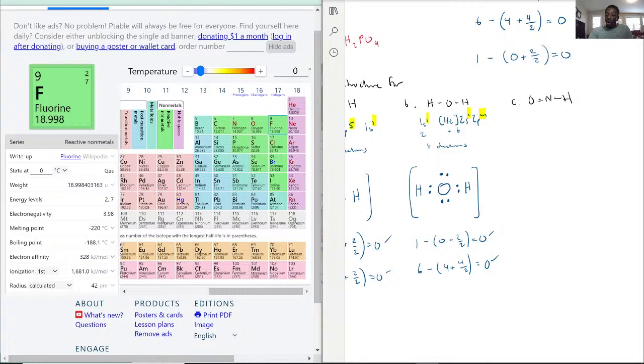Now ONH, written like this, so thankfully it shows which one is in the center. Typically the center atom is the one with the most space, like carbon or nitrogen, because those have more unpaired electrons. Nitrogen has 3 unpaired electrons. So let's break that down.